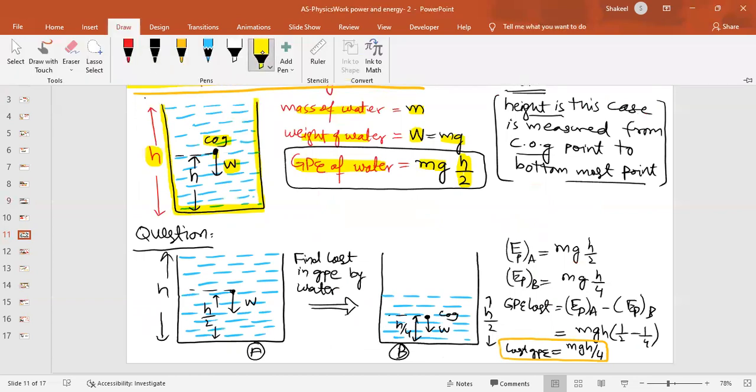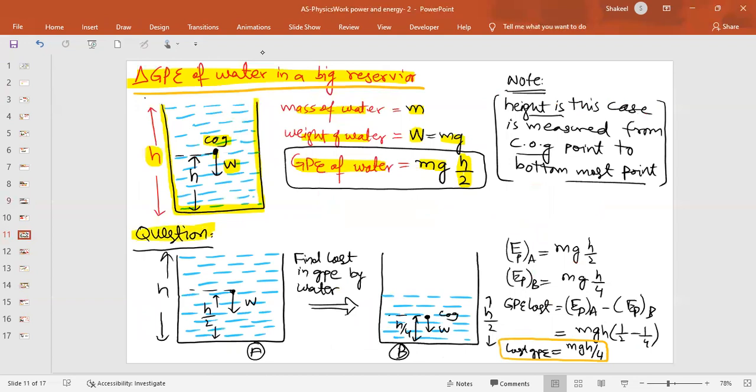Okay, next thing. Here is an interesting question. This is from a past paper. There's water with height h, and its weight acts from the center of gravity point. So the center of gravity is at a height of h by 2 from the bottom, and then you half fill it. How much GPE is lost by the water when you half fill it? When you half fill it, its center of gravity will become at a distance of h by 4.